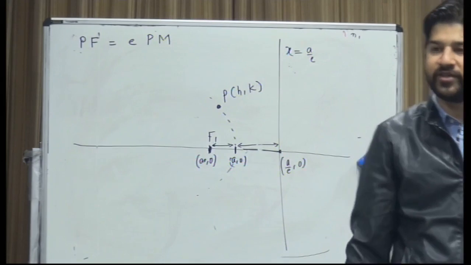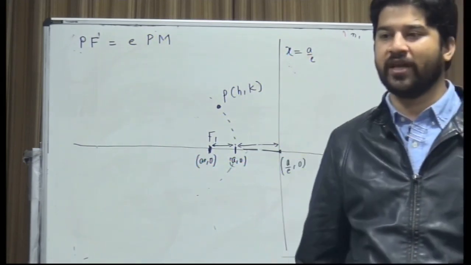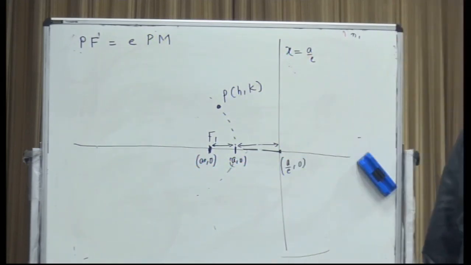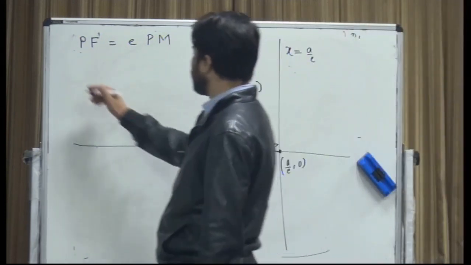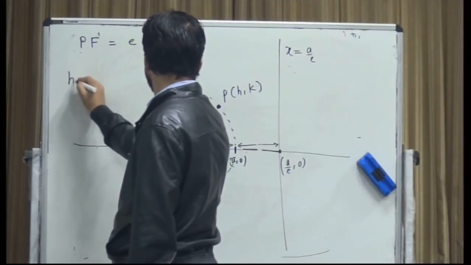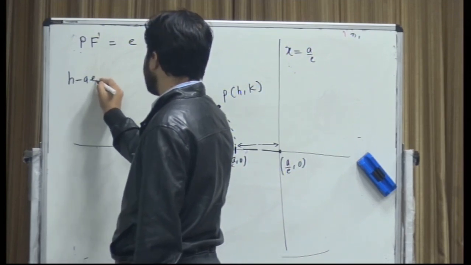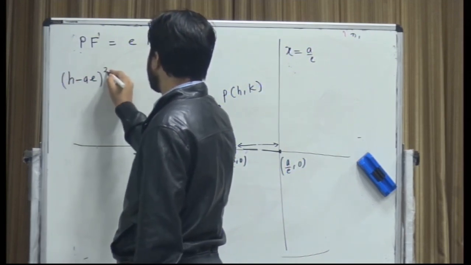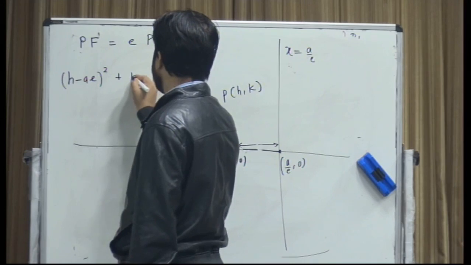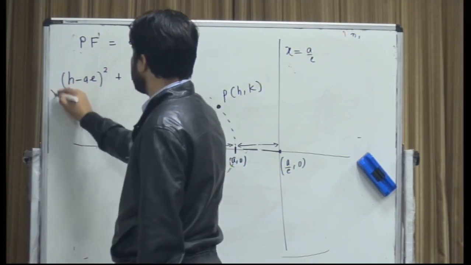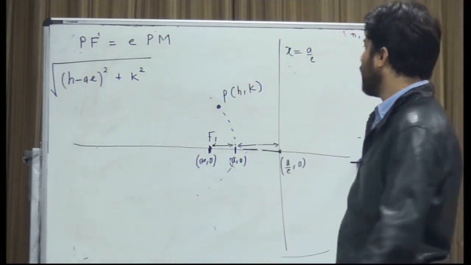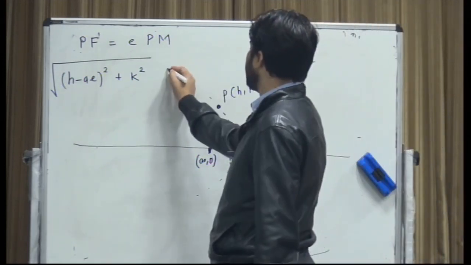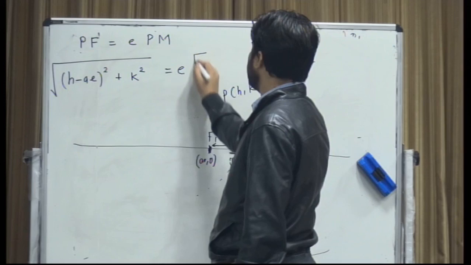So the geometrical definition I have converted into an algebraic equation, PF is equal to e PM. Now what will PF be? It is the square root of (h minus ae) whole square plus k square, right, and here I am going to write e into PM.